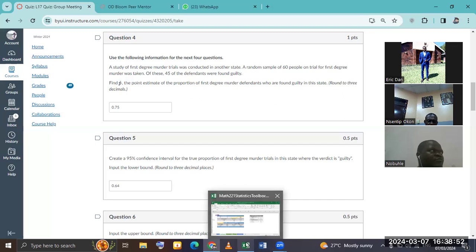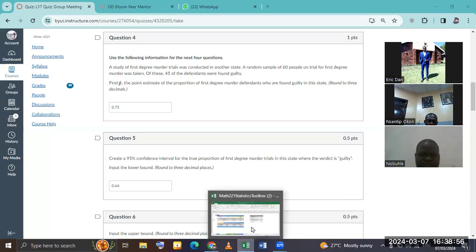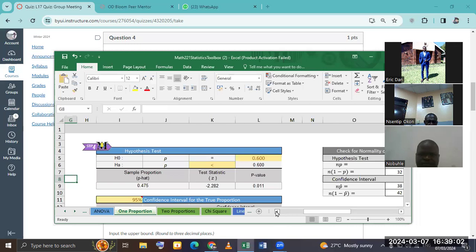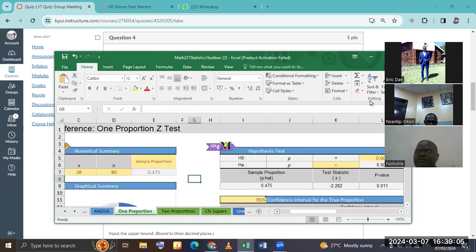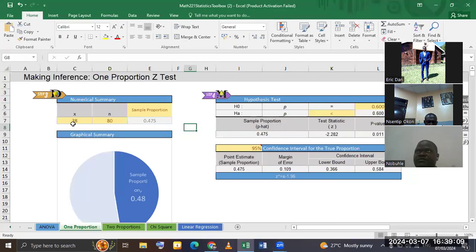So just come to the toolbox. So this is the toolbox. Right here, they said 45. Then here they said 60, right?